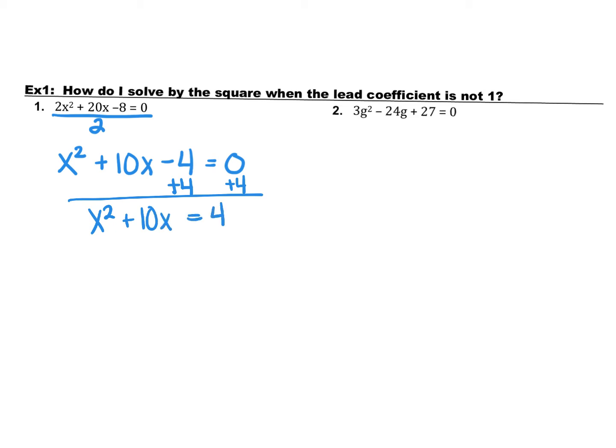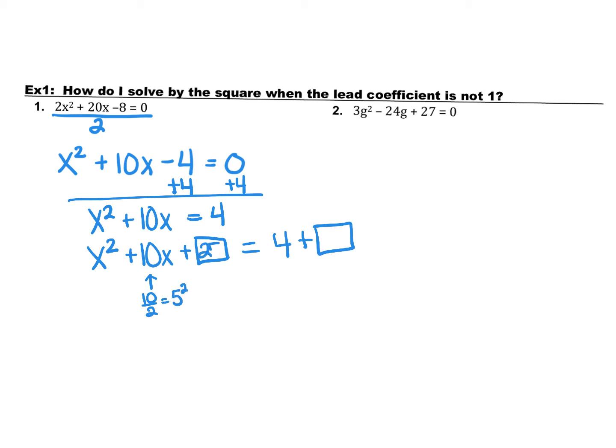So now we are ready to complete the square. I'm going to have x squared plus 10x plus something is equal to 4 plus something. Remember, to find the last term, I take this 10 and divide it by 2, or in half, and that's equal to 5, and then I'll square that.